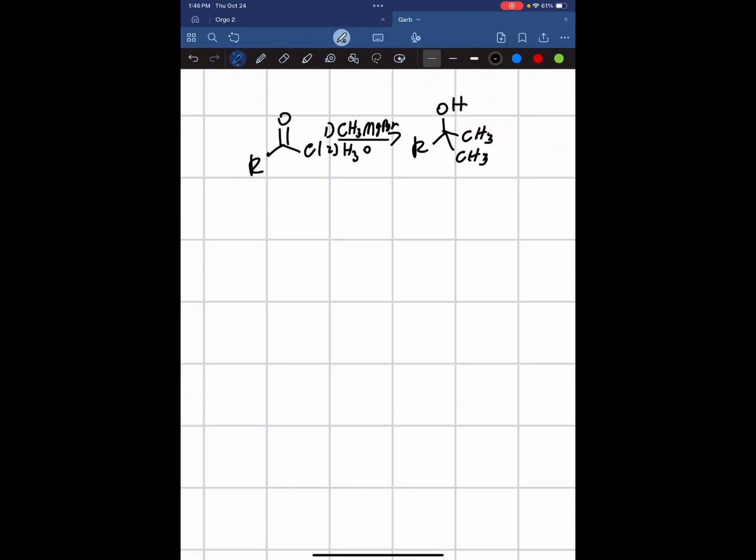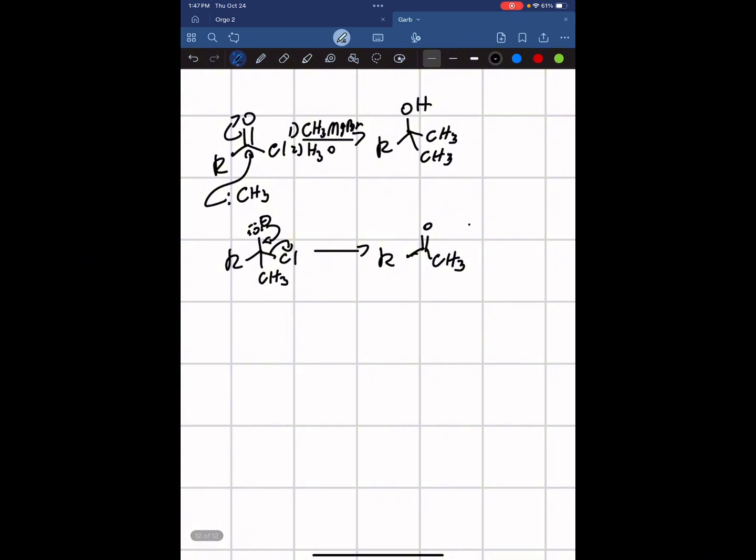Okay, for this one, this is under the organometallic section, and we're going to be treating with a Grignard reagent. From here, I'm just going to write the CH3MgBr as a negatively charged carbon atom, so it's going to come in and attack there. And from here, a lone pair is going to fall down, kicking off the chlorine. And then the same reaction is going to happen. You're going to have another carbon atom come in and attack, giving you this.